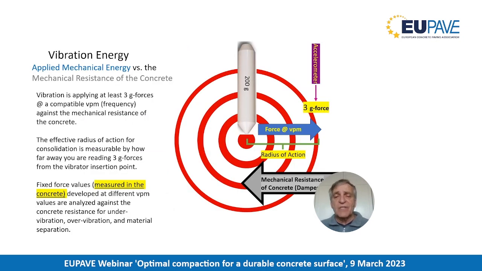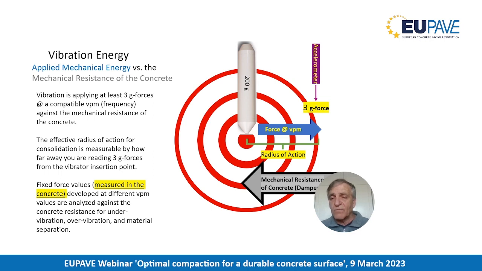The vibration energy is not hard to figure out. We have a vibrator that is somewhere between 200 and 400 Gs. They're closer to 400 Gs on paving machines. It puts out a force value at a VPM, and that puts out 3 Gs or greater, depending on how far away its radius of action is, by the mechanical resistance of the concrete working against it.